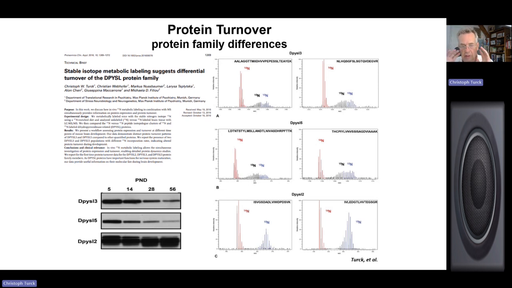The brain is, as you all know, the most complex organ. There are thousands of different cell types in there. And you could easily imagine that, for instance, a neuronal cell and a glial cell or astrocyte may have different turnover mechanisms. The way you would approach this today is, of course, single cell proteomics.